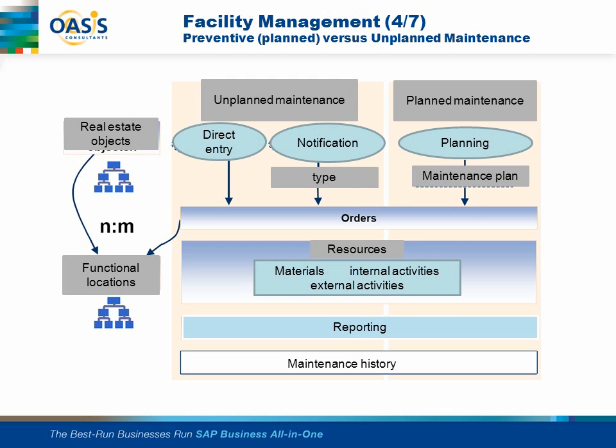Now for the planned and the unplanned, we are converting the maintenance notifications into maintenance orders. And to execute the maintenance orders, we need materials, but we also need internal or external activities. External activities are when you let a supplier do the maintenance activity. Internal is when you have people to do the internal maintenance activities. SAP is also giving you a total solution on reporting naturally, so you know exactly when that equipment has had a maintenance activity, what is the total cost of the maintenance activity, and where that equipment is used in history.